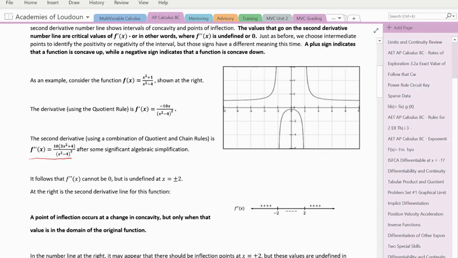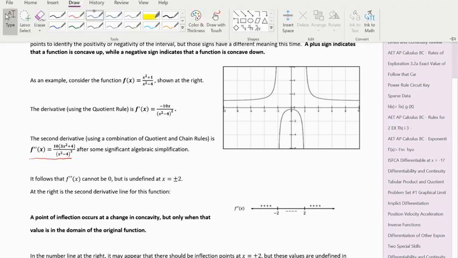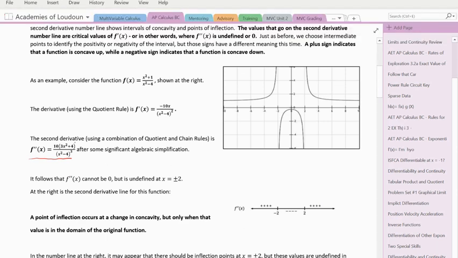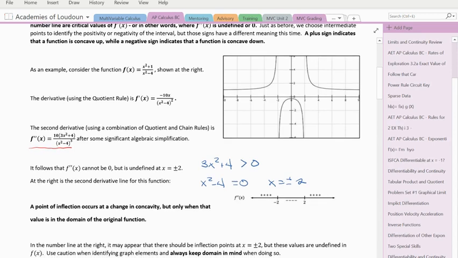So it follows that the second derivative cannot be equal to 0, because this portion, the 3x squared plus 4, will always be greater than 0. But we can see that because x squared minus 4 will equal 0 at x equals plus or minus 2, then we end up with the second derivative line for this function as shown.